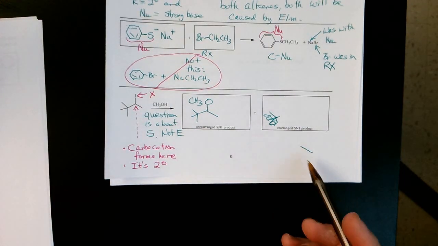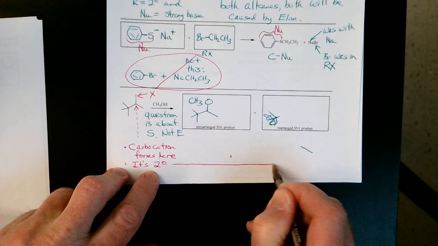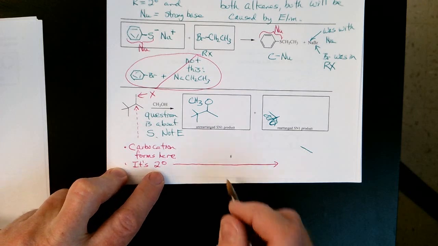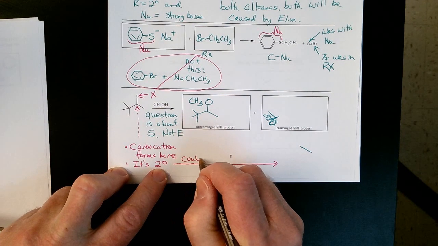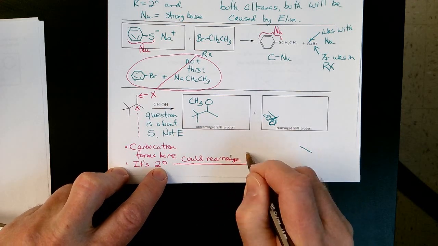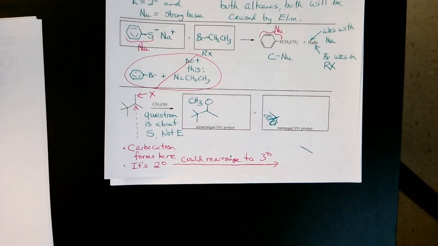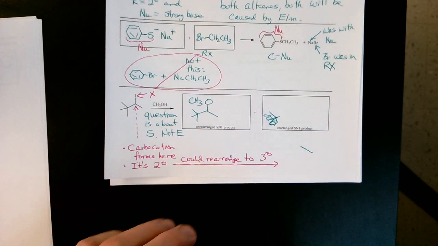The next version, though, realizes that what could happen is that the carbocation could rearrange, and will, to some extent, rearrange to tertiary. Now something needs to move in order for that to happen.